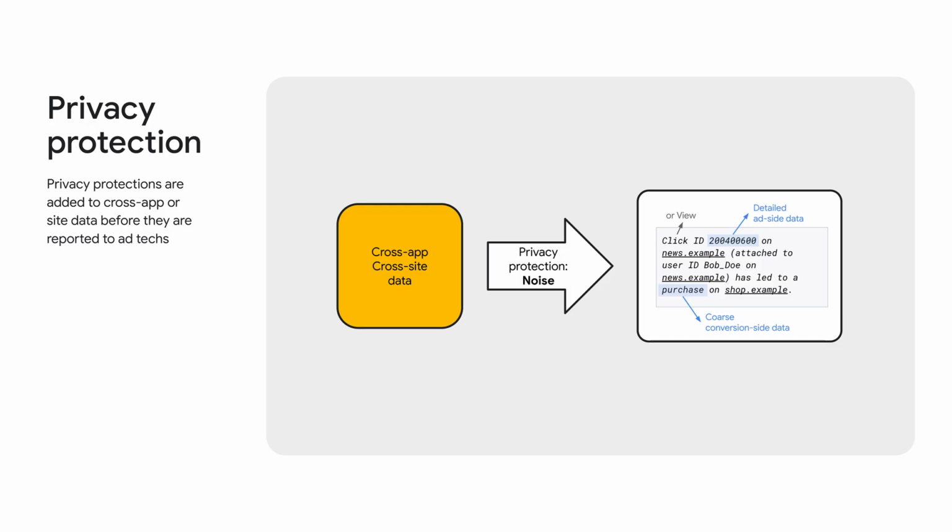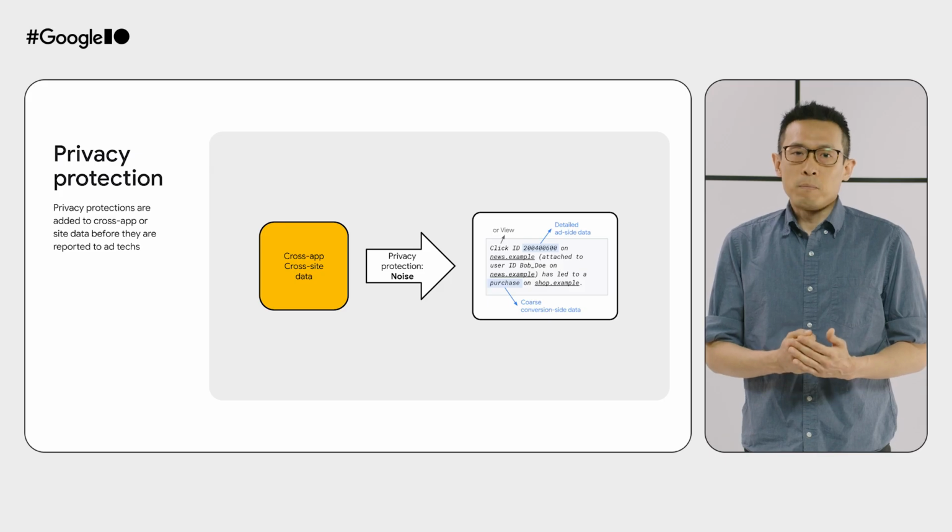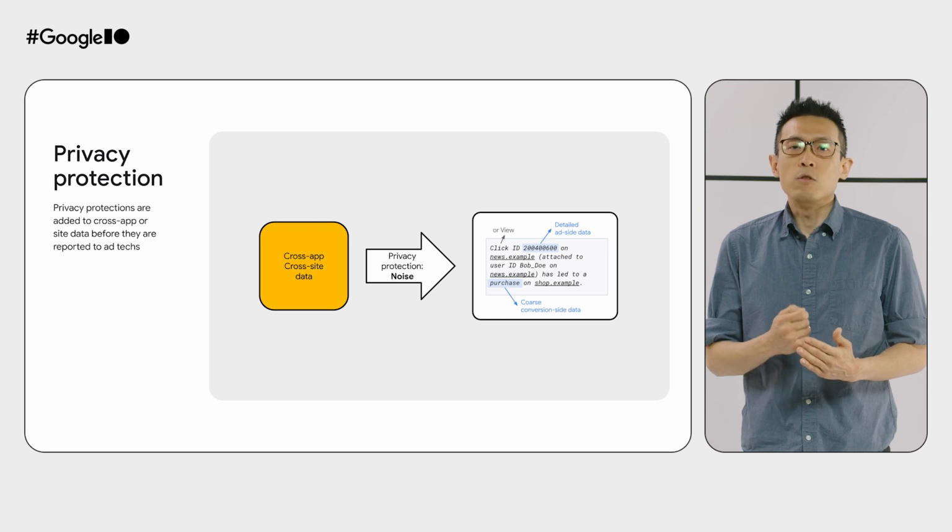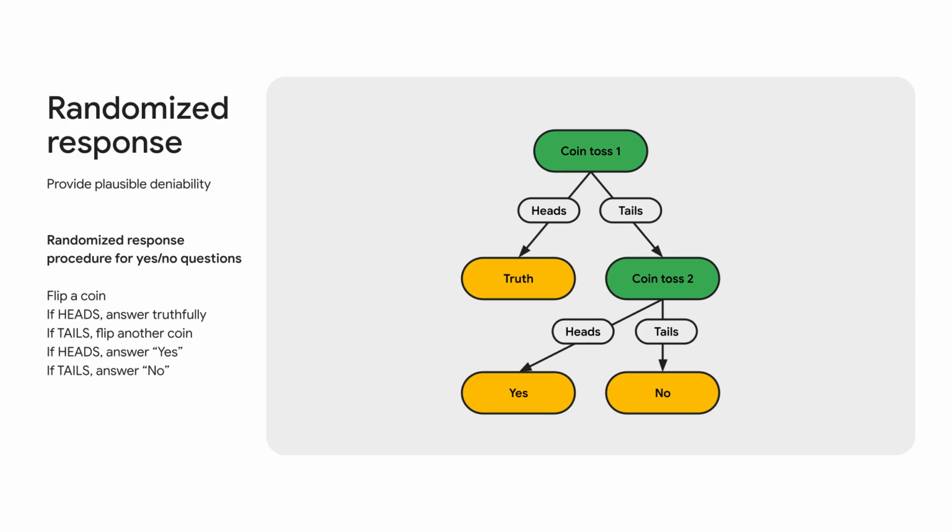Another method we use to protect user data is adding noise to the conversion data before the information becomes available to ad techs. For example, regardless of whether or not a user converted, the event level report received could represent a true conversion, a different conversion, or no conversion at all.